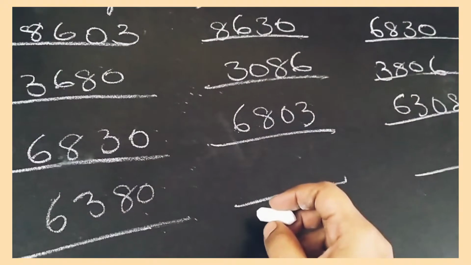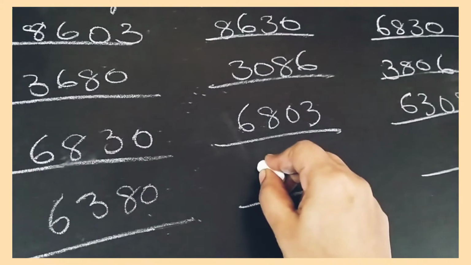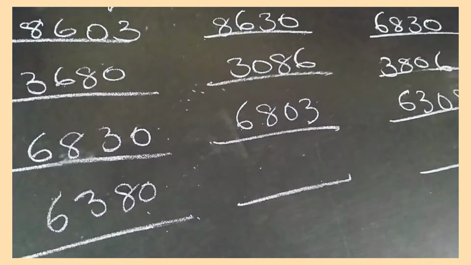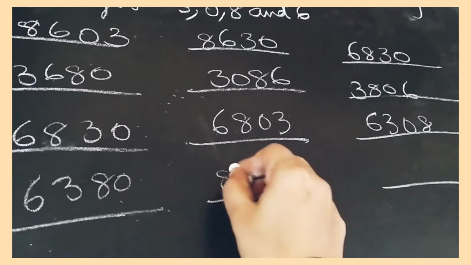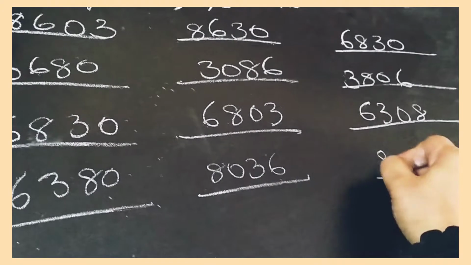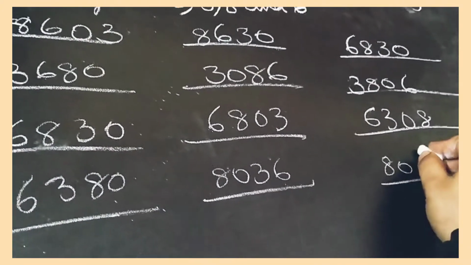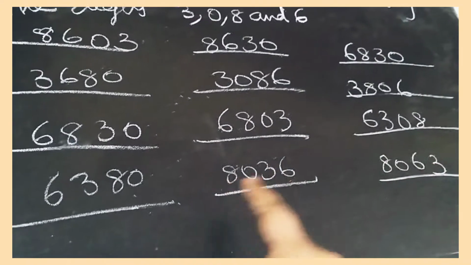Then we will take 8036, then 8063, 8063 we have not taken.